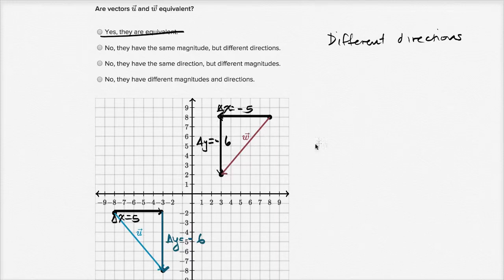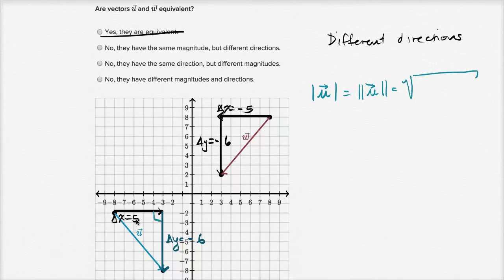The magnitude of u, so I could write it like this. Sometimes you'll see the notation like this. The magnitude of vector u is going to be equal to, we're just going to use the Pythagorean theorem here. It's going to be the square root. The length of this arrow is just the hypotenuse of the right triangle.